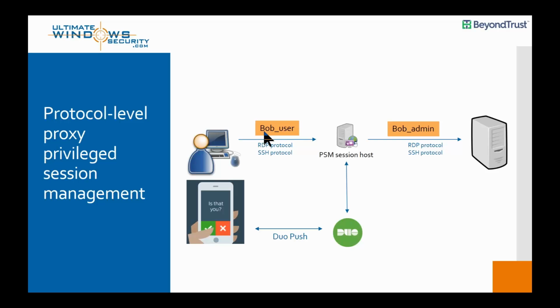See, the bad guy software running here on this endpoint, you know what, I want to make sure my pointing is showing up. So the bad guy software running here on this endpoint is going to be able to capture Bob's username, the coordinates of the privileged session management host, the name of the target account, and you would be able to capture the credentials, the password used to authenticate Bob_user to the PSM host.